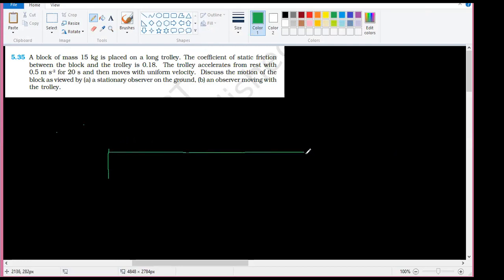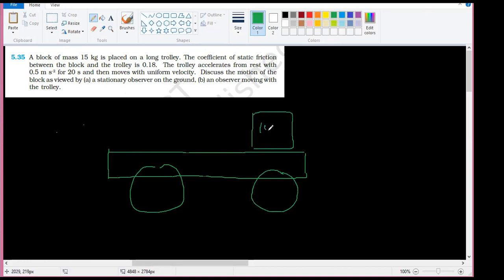So there is a long trolley, and a 15 kg block placed on it. The trolley accelerates from rest with 0.5 meter per second square for 20 seconds, then moves with uniform velocity.